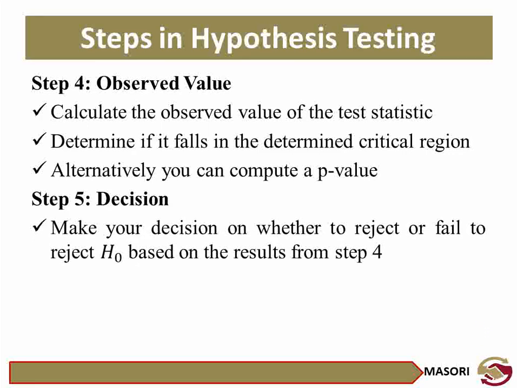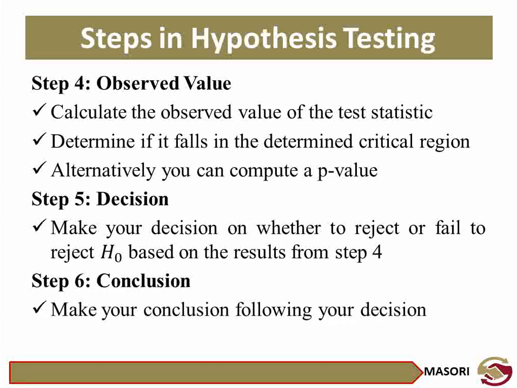Here, you make your decision on whether to reject or to fail to reject the null hypothesis based on what you calculated and your comparison with the critical region. Once you decide on whether you've accepted the null or you have rejected the null hypothesis, you move on to conclusion.